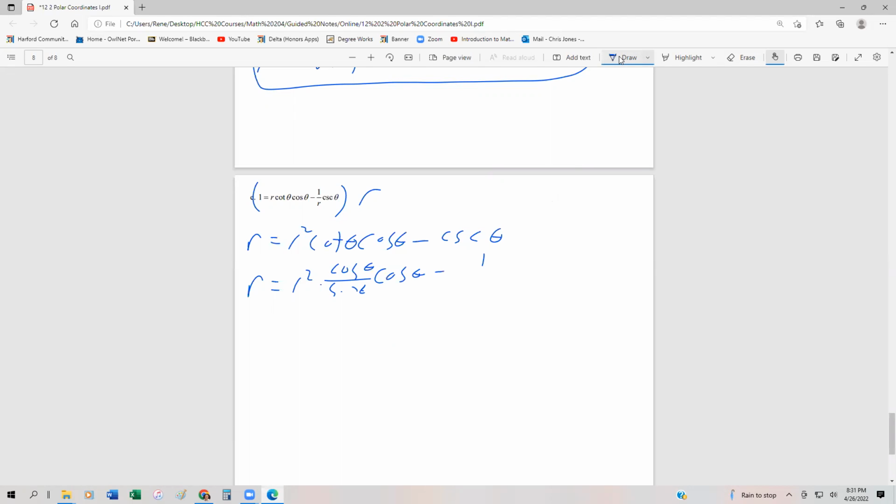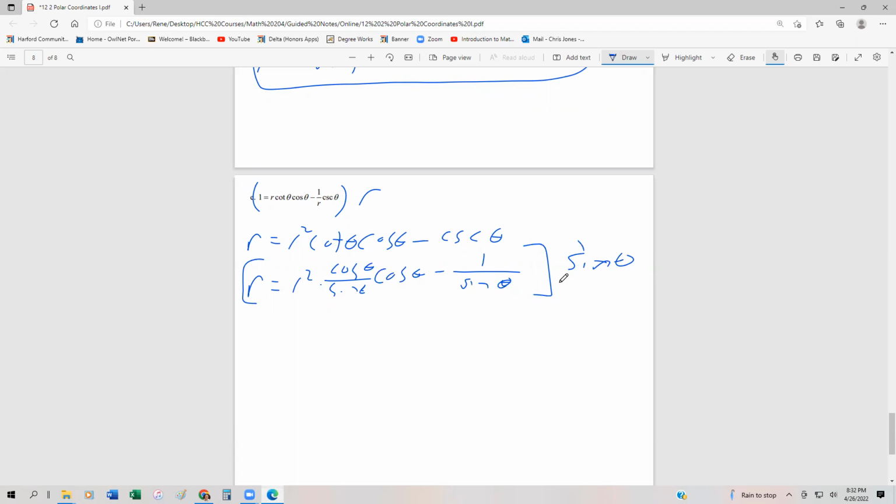Then we know that cosecant is 1 over the sine of theta. At this point, we might wish to multiply the entire equation by sine to clear out the denominator.